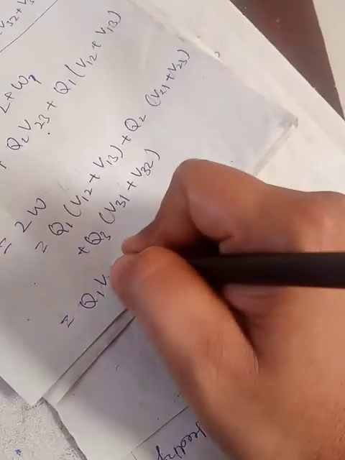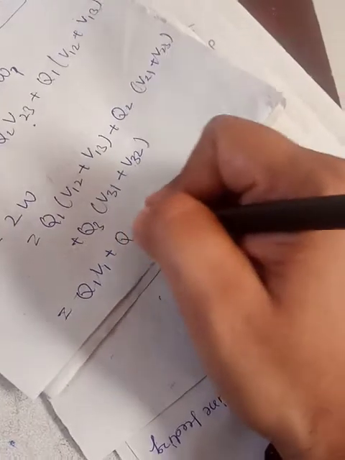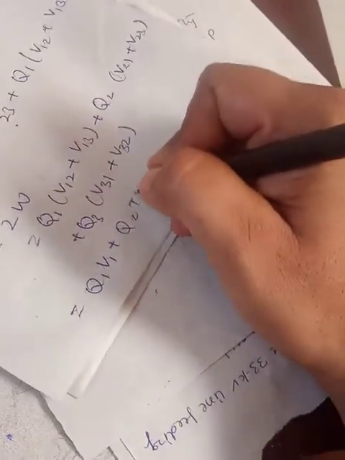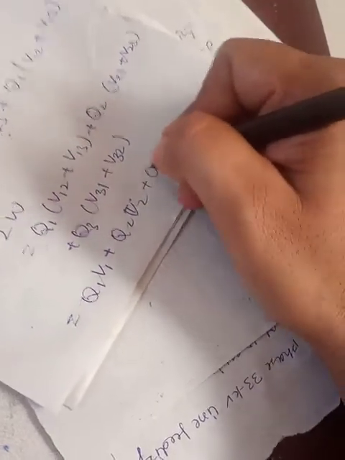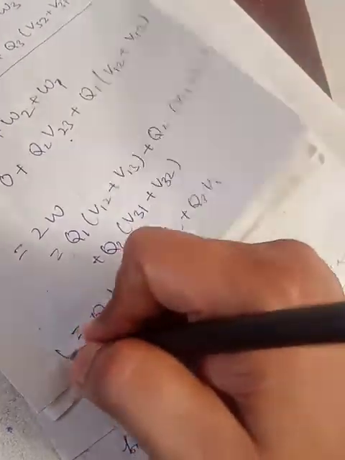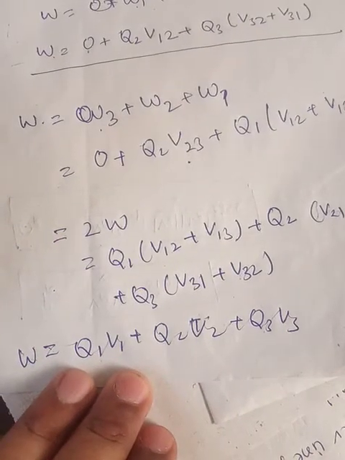So it will become Q1 V1 plus Q2 V2 plus Q3 V3.